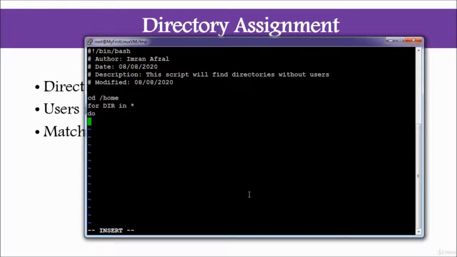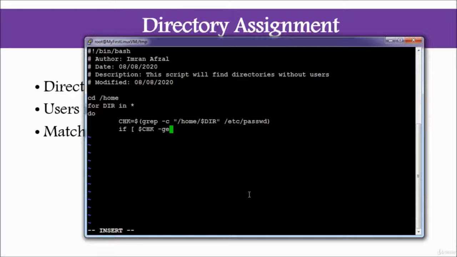Then I want to create another variable and I'm going to call it chk. chk equals dollar parentheses, which is right above number 9, grep -c from dir (sorry, this is the variable we have) and against /etc/passwd. Let me write the script and I will explain it once more.